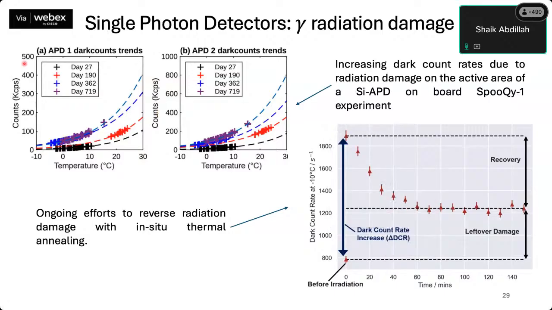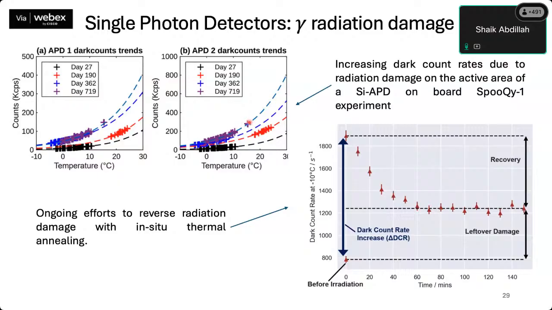So these diagrams represent the dark count trends for APDs on board a satellite QKD mission that we have done in 2019. We can see that with time, with more orbits and more days, if you compare day 719 and day 27, there is a substantial increase in count rates by a few hundred counts per second.